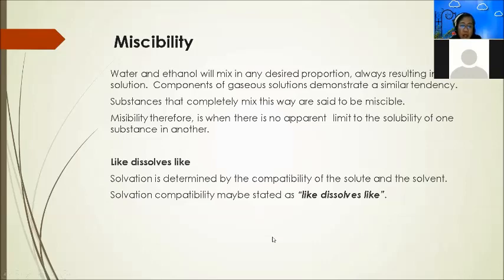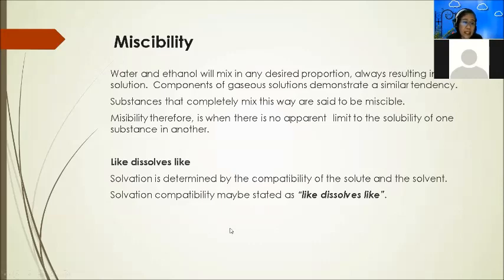Oh, so the reason why oil cannot mix with water homogeneously is because hindi sila like. What do I mean by that? Water is a polar molecule, or the molecules in water are polar in nature, while the molecules in an oil are what? Non-polar molecules.